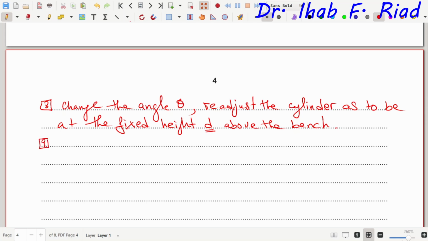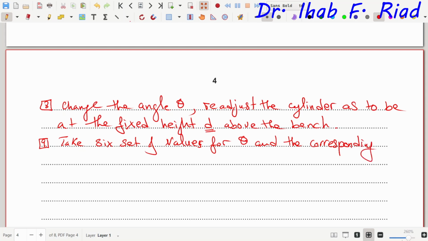Nine. Take 6 sets of values for theta and the corresponding times t. Record your measurements in the table below.